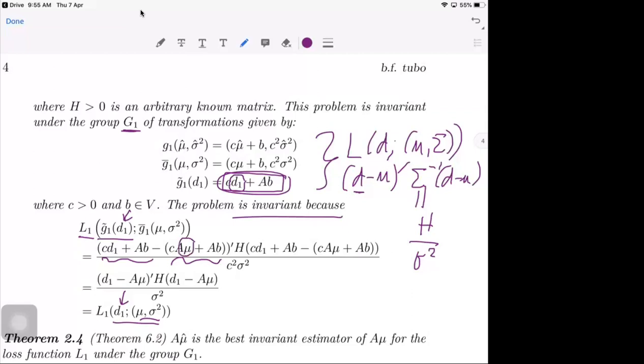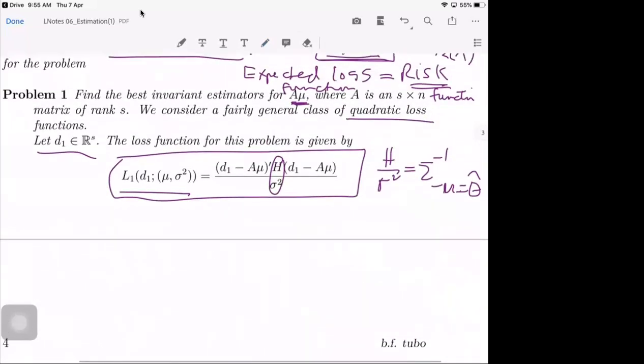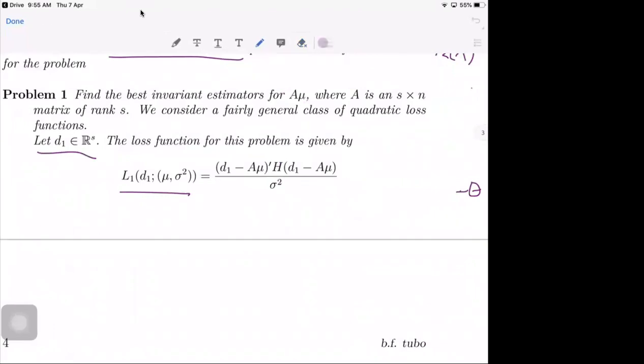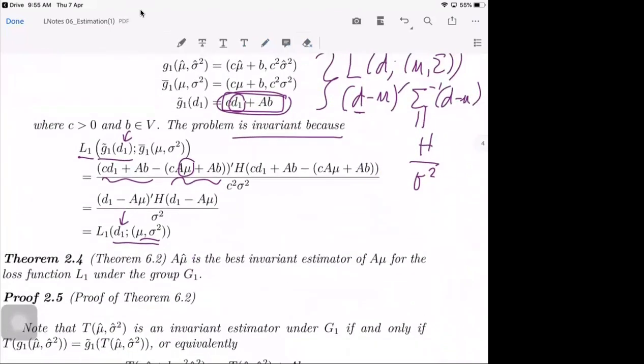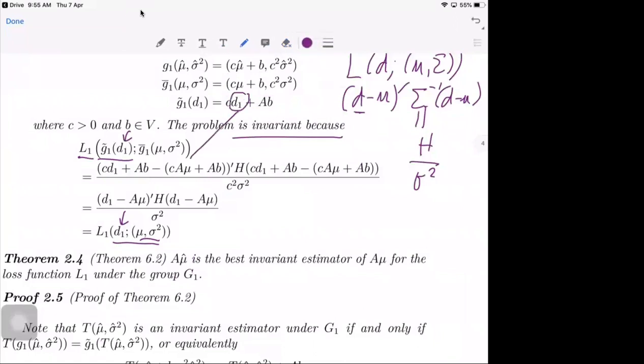Kaya mao man na atong gusto na parameter na estimate, this one. We are considering this as our parameter. So that will be A mu. So ang atong D1 din is A mu. Okay, plus AB, and then this part here, which is H over sigma, pero ang atong sigma is C squared sigma squared. So you have H over C squared sigma squared. Then the same thing here, and this is your parameter.